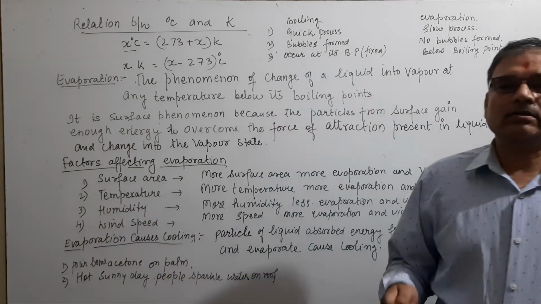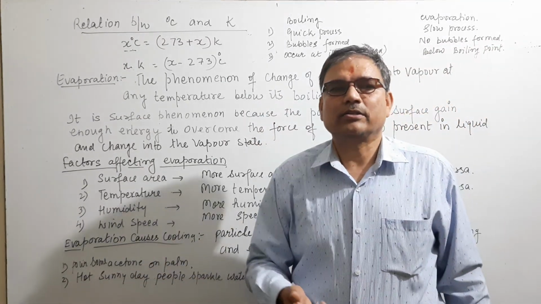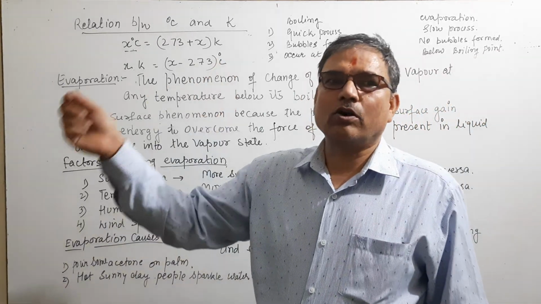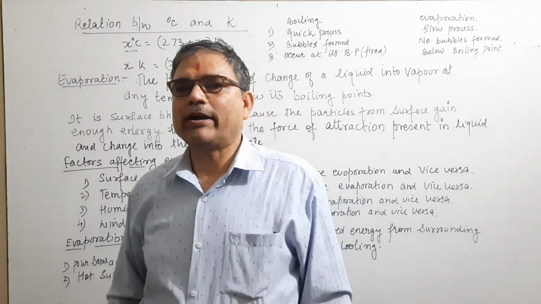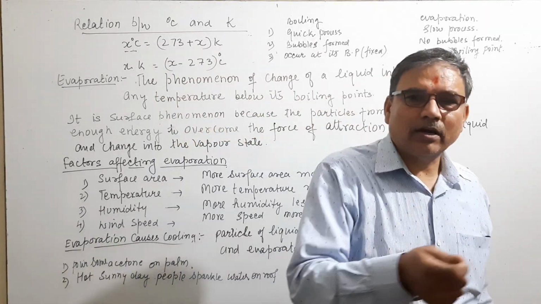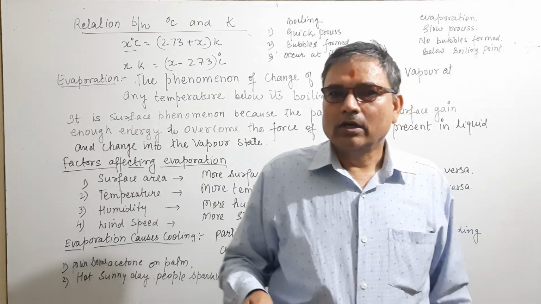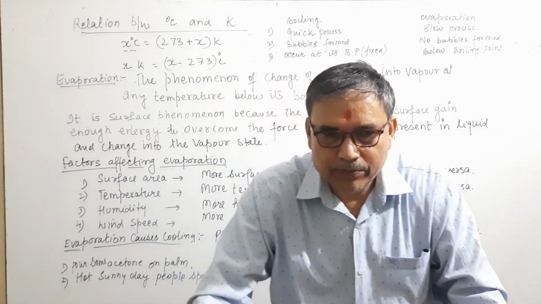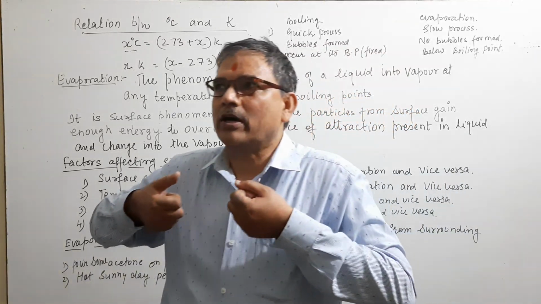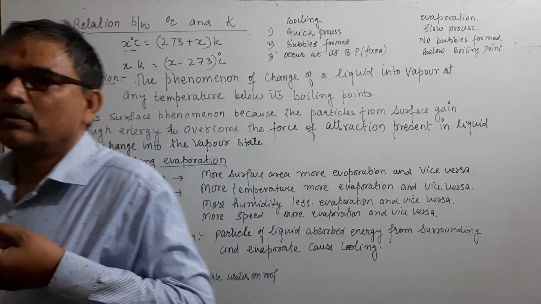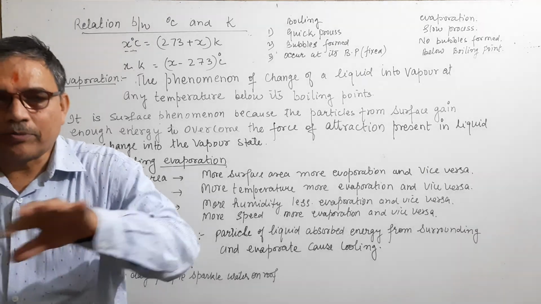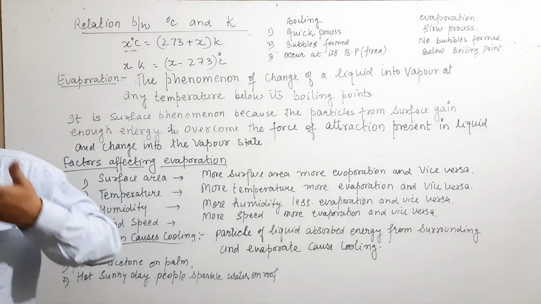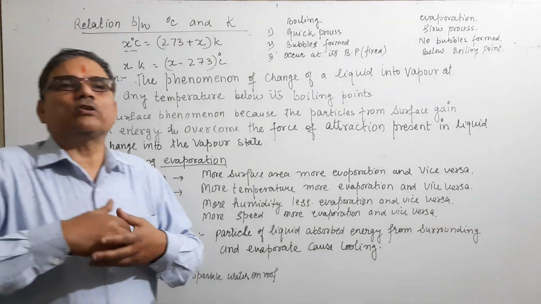During sunny days in the summer season, we sprinkle water either on the roof or on the ground. What happens? The water we sprinkle absorbs energy from the ground or roof, from the surface and its surroundings, and then the water evaporates, and evaporation causes cooling.